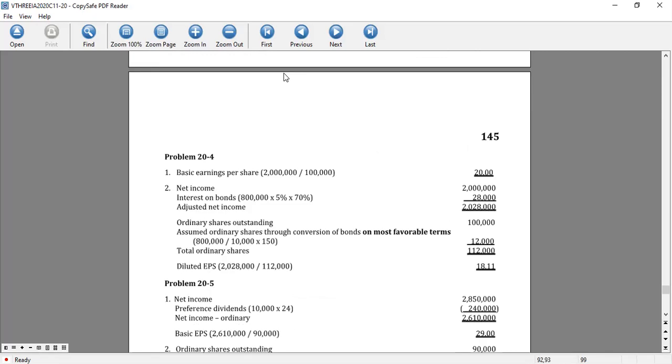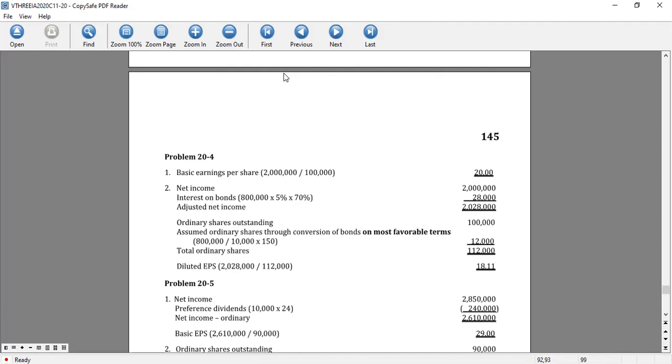20-4. In 20-4, required compute for the basic earnings per share and diluted earnings per share. The company has made a net profit attributable to ordinary shareholders of 2 million for the year ended December 31, 2020. There are 100,000 ordinary shares outstanding during the entire year.